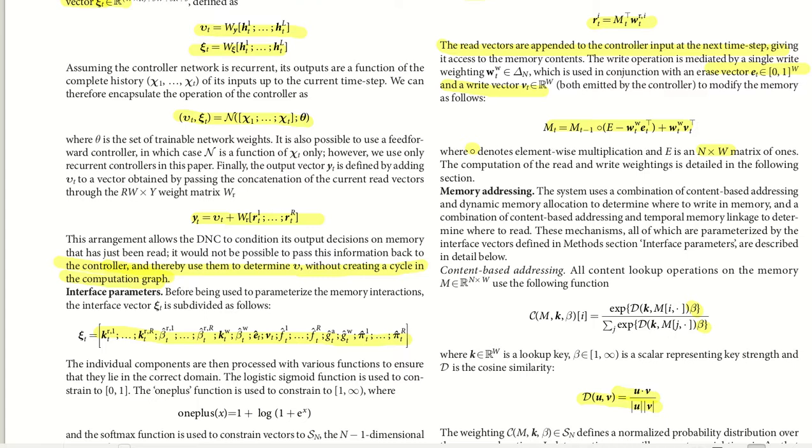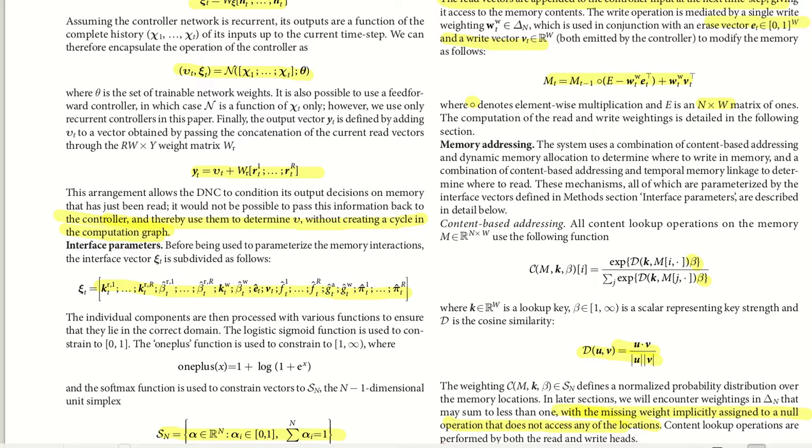They say here that this arrangement allows the controller to condition its output decision on memory that has just been read. It would not be possible to pass this information back to the controller and thereby use it to determine the output vector without using a cycle in the computational graph.